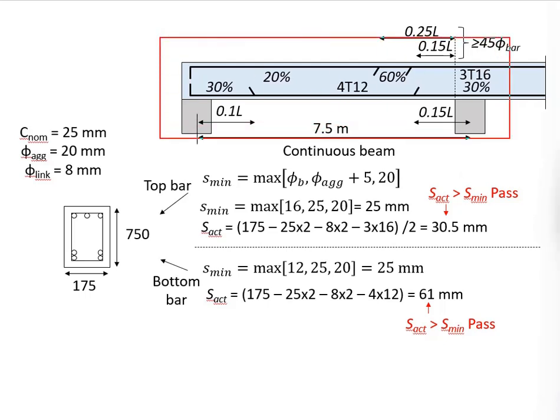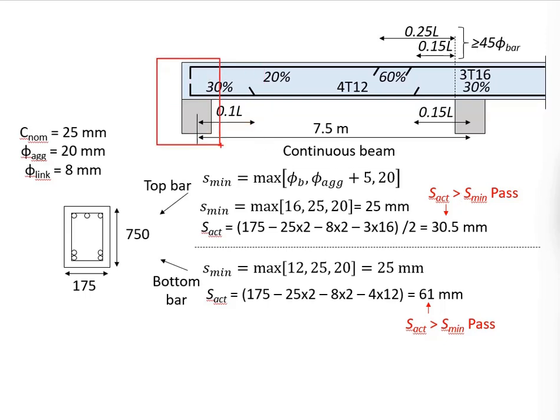By looking at the diagram here, the percentage here will indicate the minimum amount of reinforcement bar as compared to the reinforcement bar provided at the support and also at the mid-span. Let's say for the bottom reinforcement bar, you can do the curtailment at the location of 0.1 times the effective length near to the end support with a minimum amount of 30% of the reinforcement as compared to this 4T12.